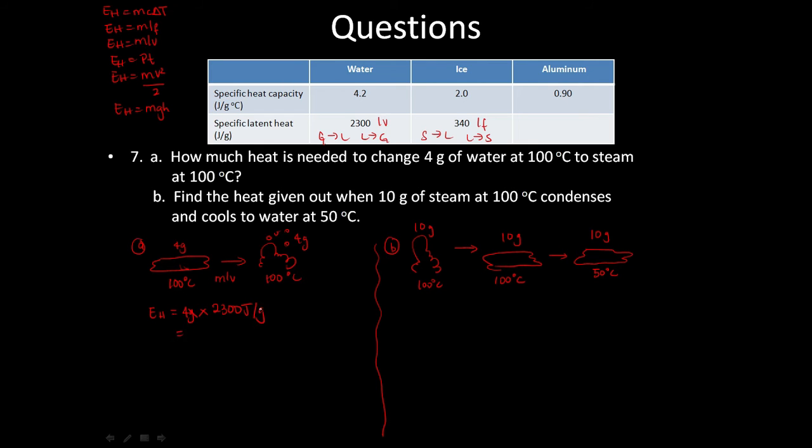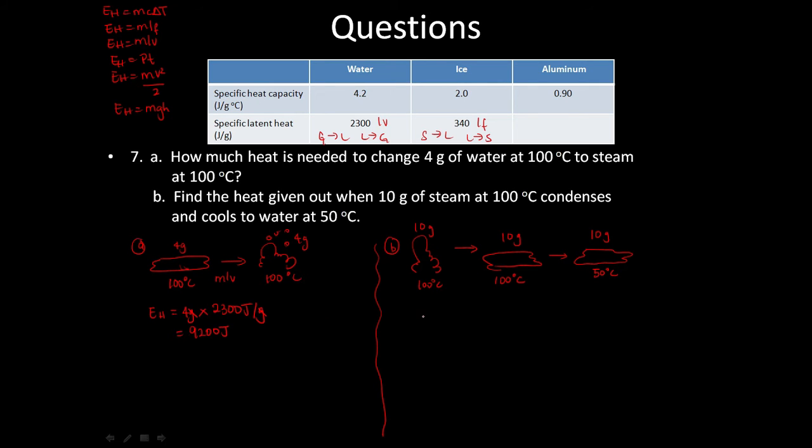The grams cancel out, so you're left with 2300 times 4, which gives you 9200 joules. Okay? And then this is the end for this one.